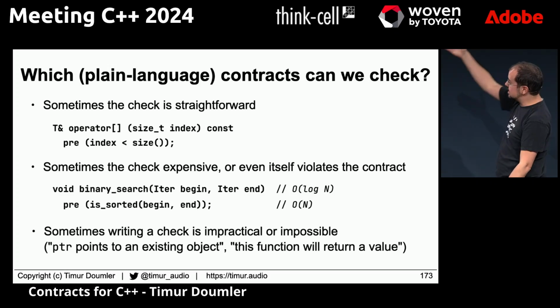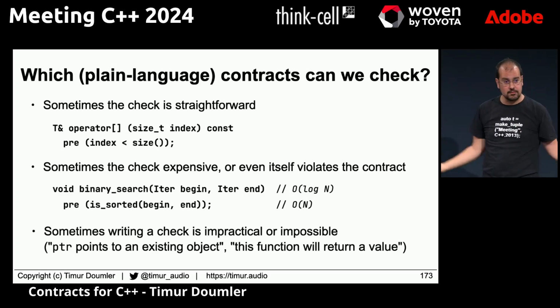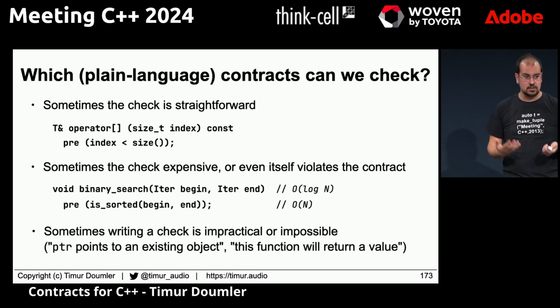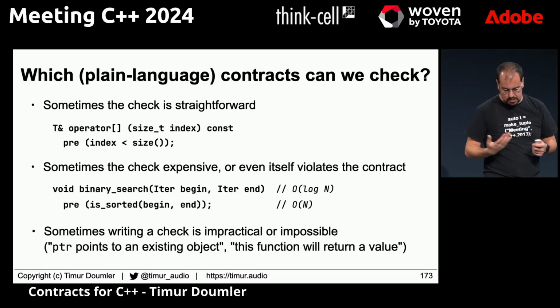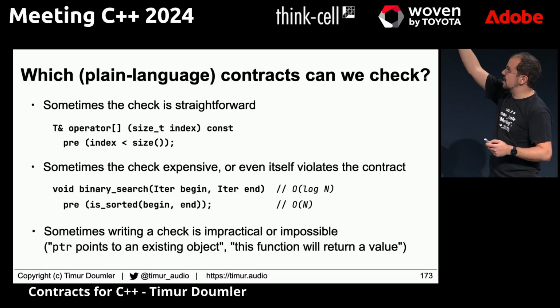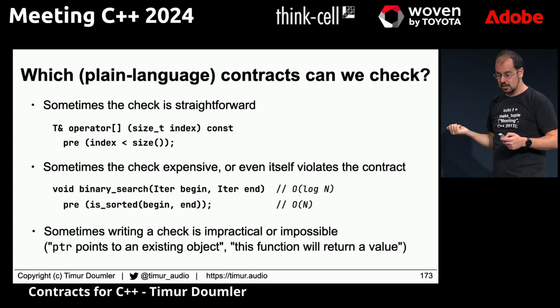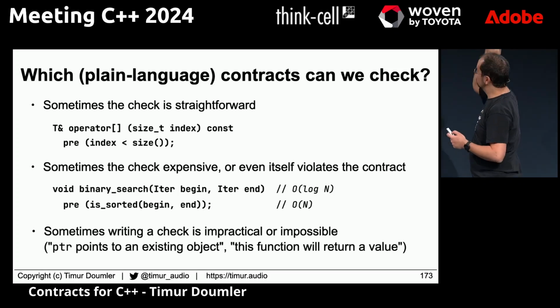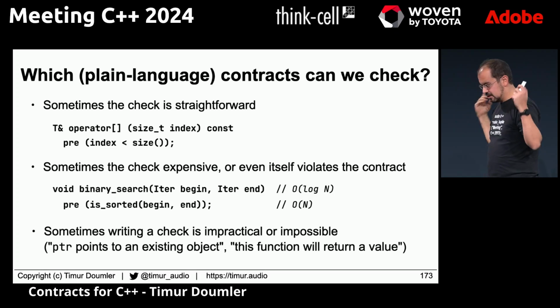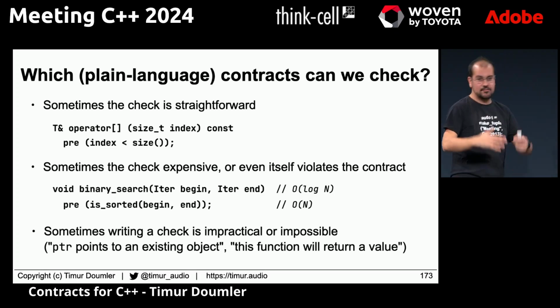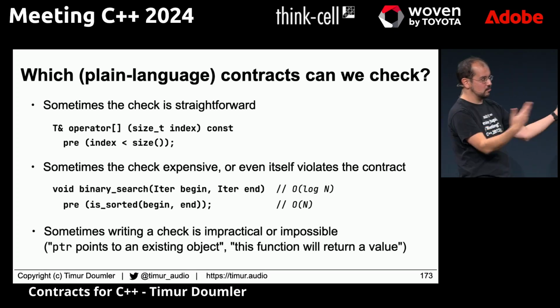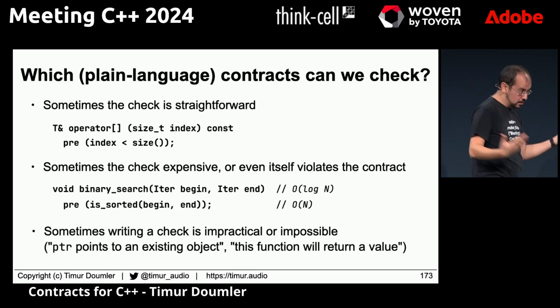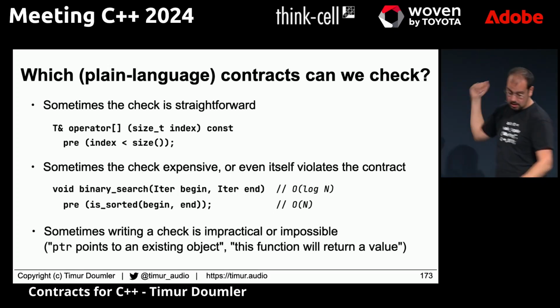To check it at compile time, you would have to either have no pointers or references or something very similar to a borrow checker. So you can't really do this with just a bool expression here. Or this function will return a value, because that is solving the halting problem. Or I have been paid today, and if not, then I don't guarantee that this code works. This is another plain language contract which you cannot express in code.